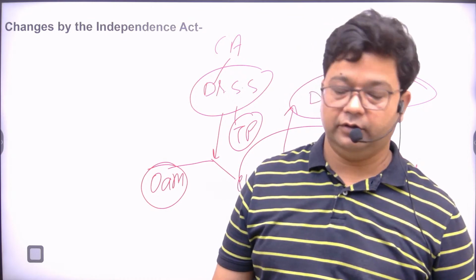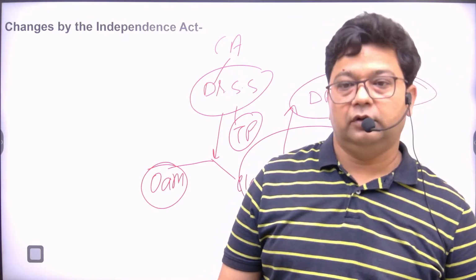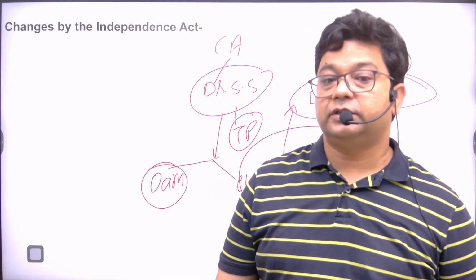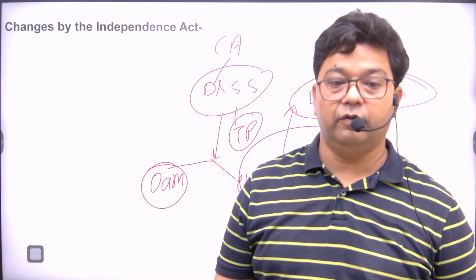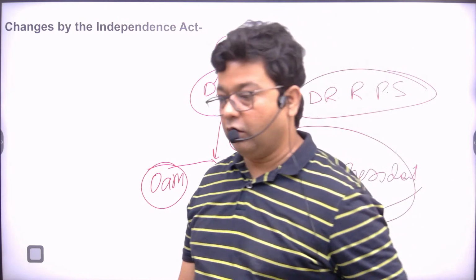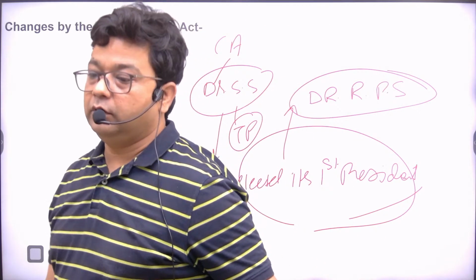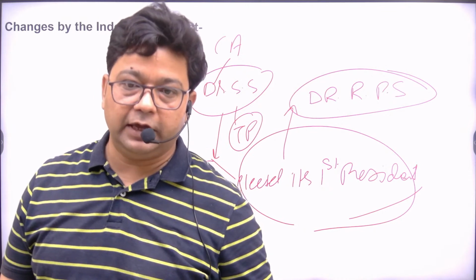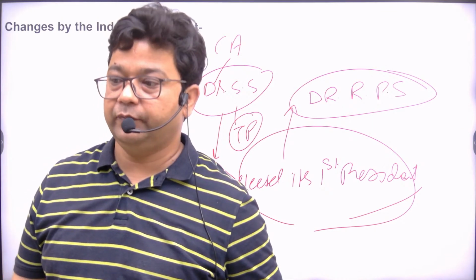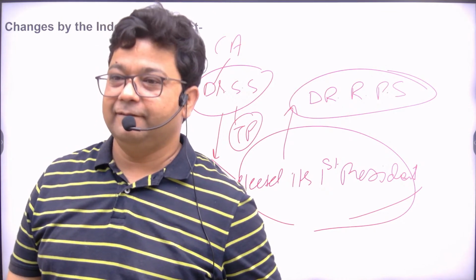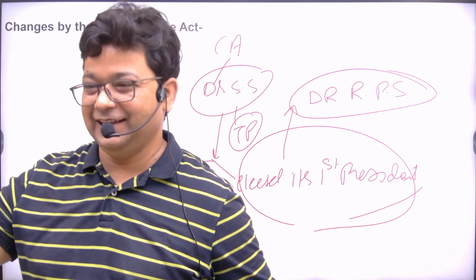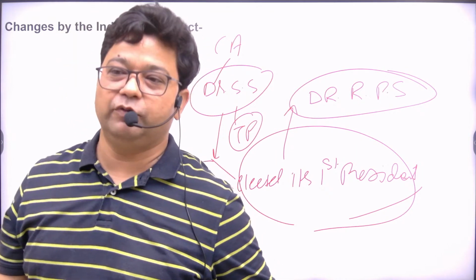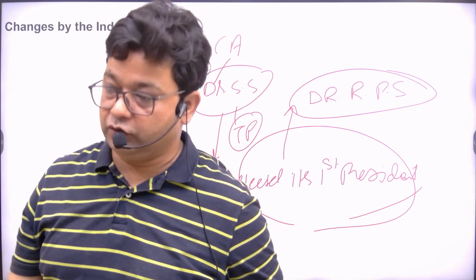Next point, Sir B.N. Rao. Have you heard his name before? Who was he? He was an advisor to the Constituent Assembly.